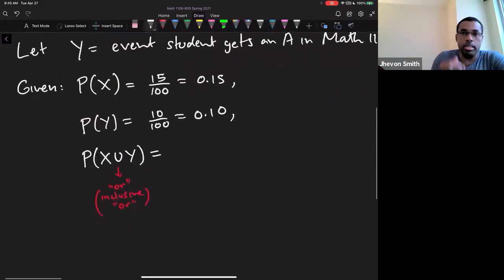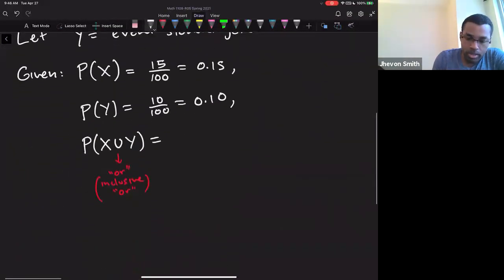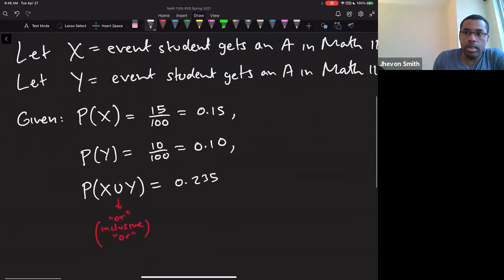Yeah, so it means it's in one or the other or both, right? So now we are told that that is 23.5%. So that's that.